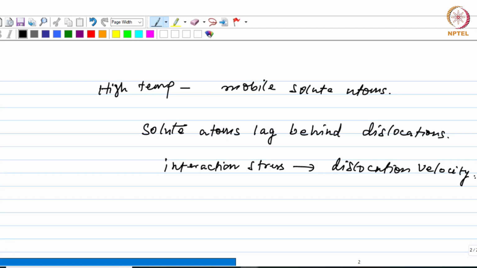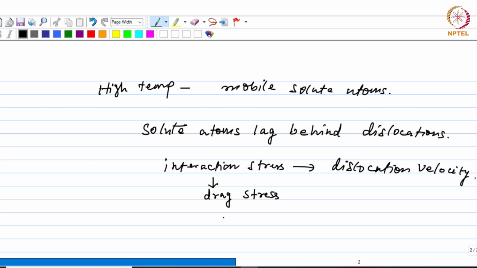So let us have a look at the effect of dislocation velocity on the drag stress. This interaction stress is basically the drag stress that arises when the dislocations move and the solid atoms are following them. Okay. So the velocity of dislocations will have an effect on this drag stress, as I said before.